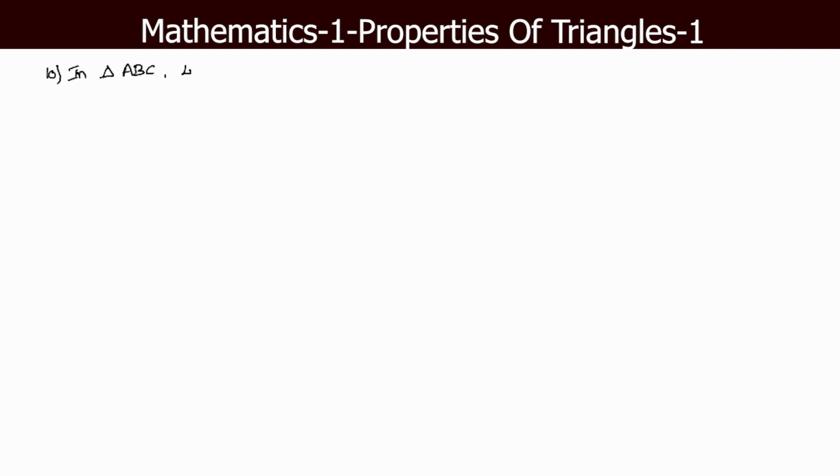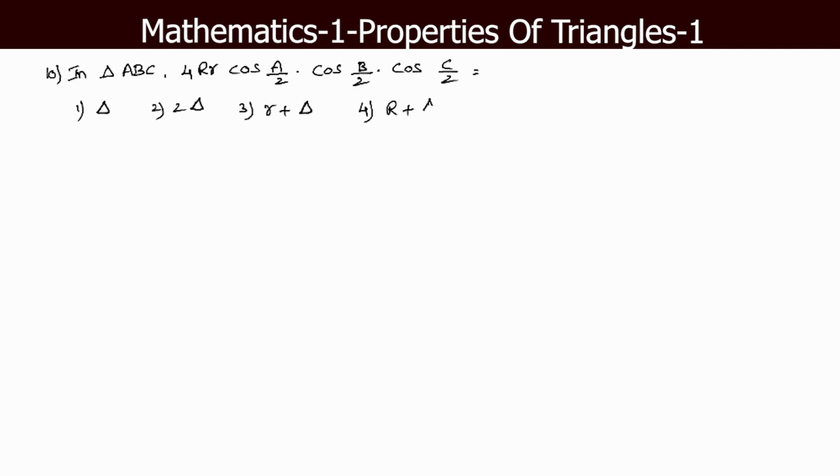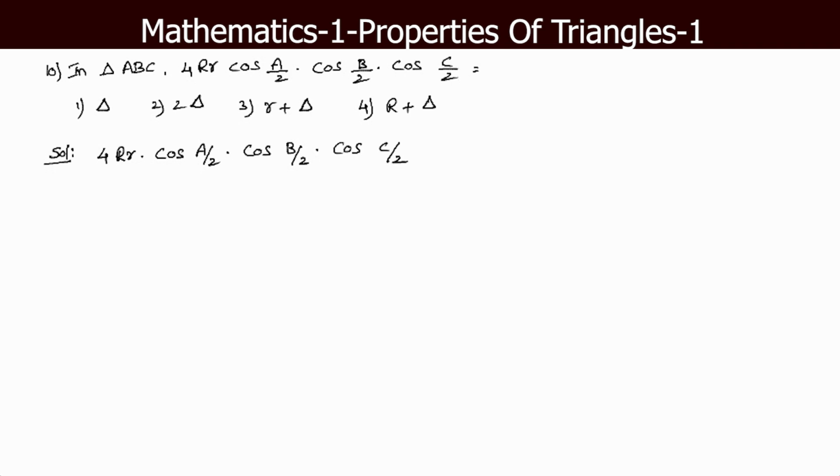Problem number 10. In triangle ABC, 4 capital R small r into cos A/2 cos B/2 cos C/2 is equal to: 1) delta, 2) 2 delta, 3) small r plus delta, 4) capital R plus delta. Now, 4 capital R cos A/2 cos B/2 cos C/2. Here we use the half-angle formula for cosine. Cos A/2, we know, is the square root of S into S minus A by BC.